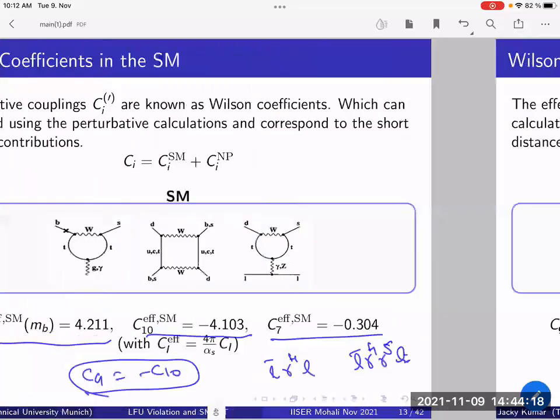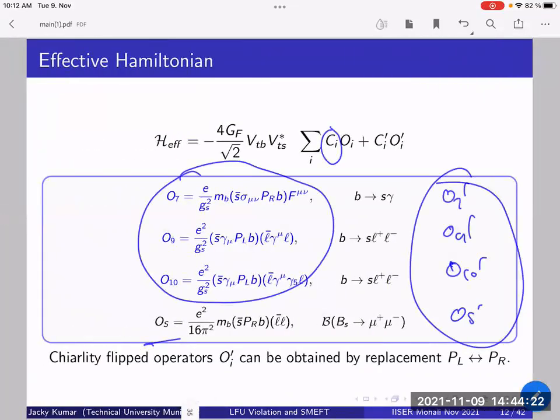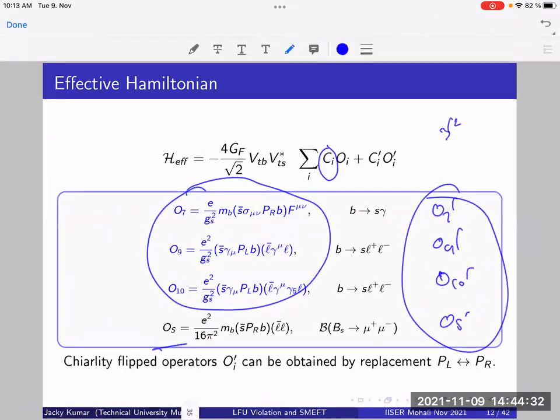Their mass dimension is 6. Fermions have 3 by 2, so 3 by 2 times 4. So universality violation cannot happen at dimension 5.